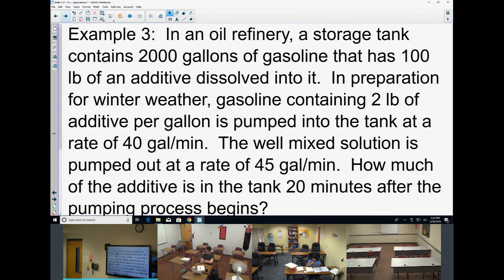Okay, it says in an oil refinery. This is different than the one that's in your practice problem. So I would recommend that you take notes on this as I go through this example.